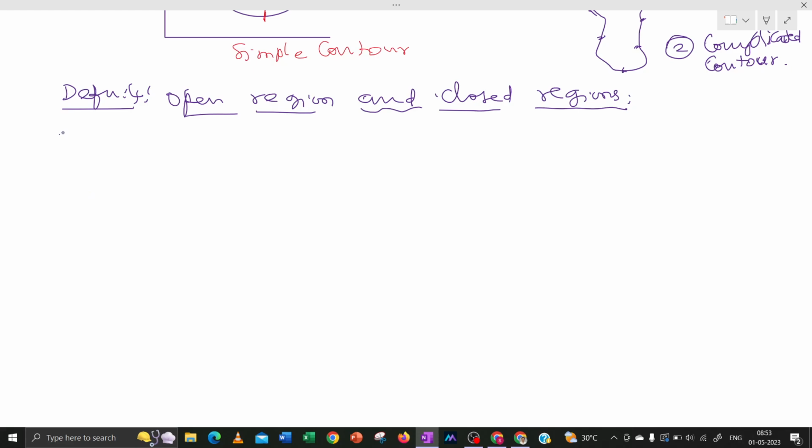The definition for this: a region is a connected set of points.